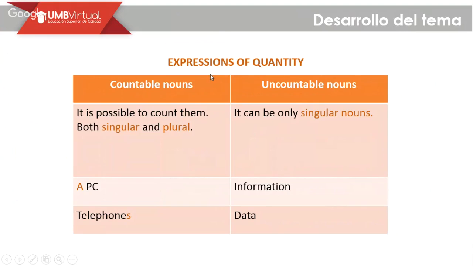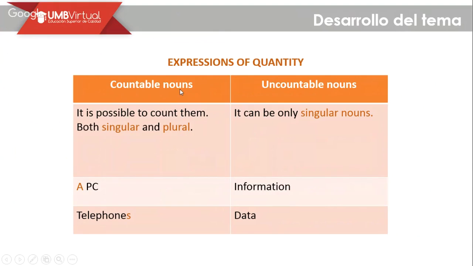Recordemos las diferencias entre las expresiones de cantidad, tenemos los sustantivos contables e incontables. Para ellos hay ciertas reglas en inglés y ciertas claves de cómo nosotros podemos reconocer si un sustantivo es contable o incontable. For the countable nouns, it is possible to count them, both singular and plural.